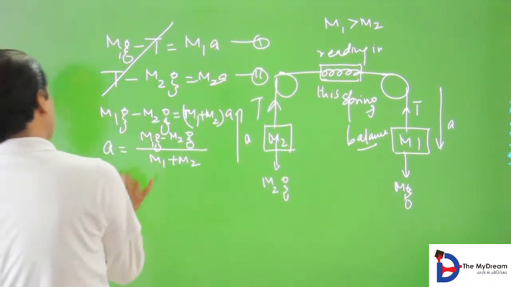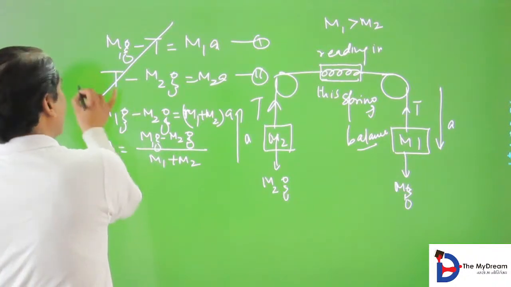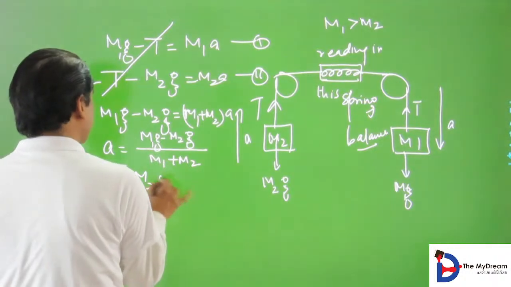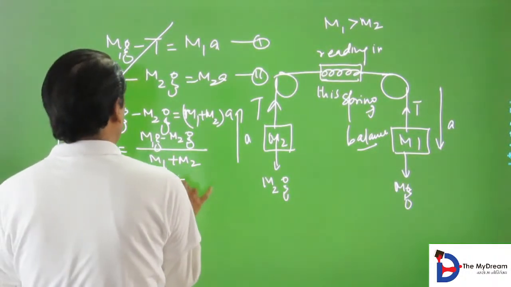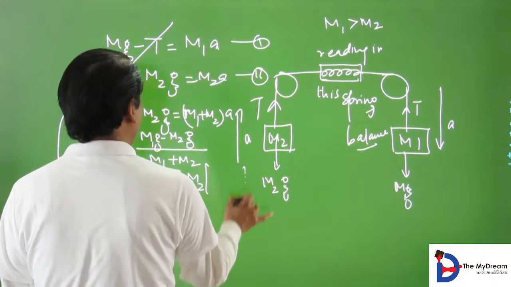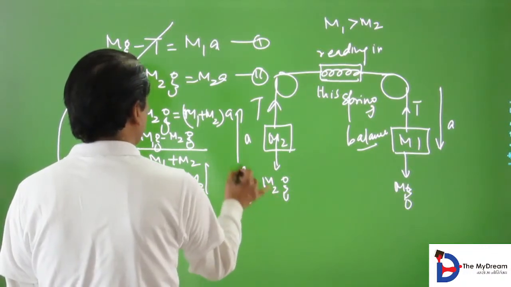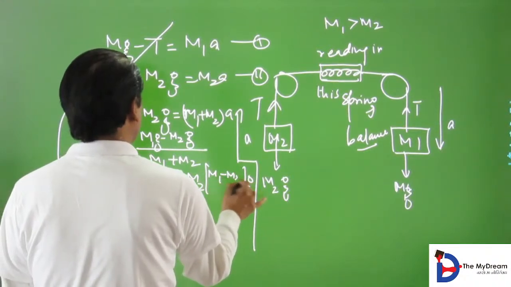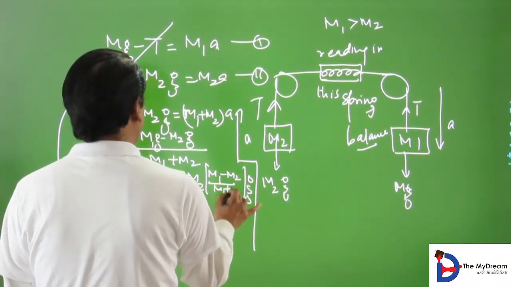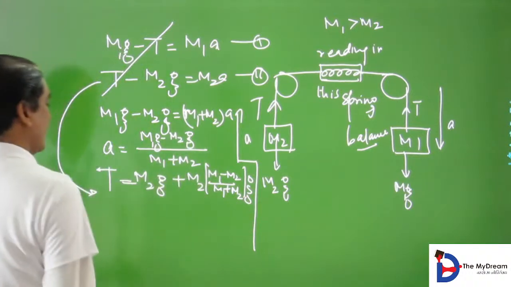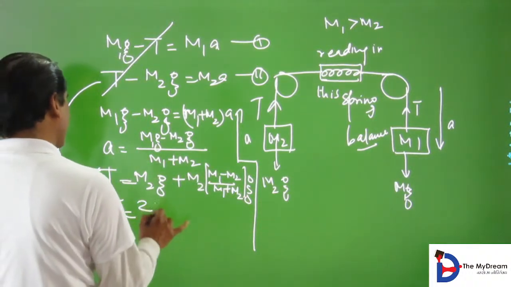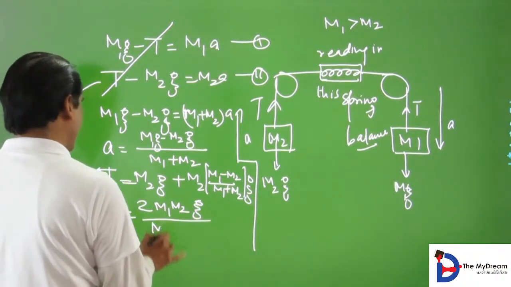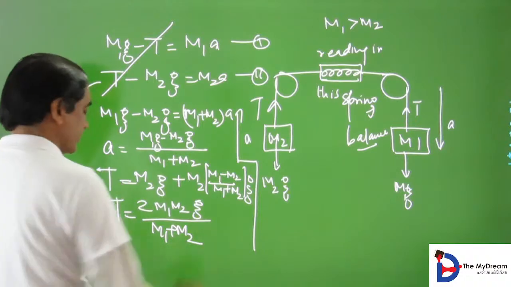So T is equal to, now put the value of a in the second equation, that is M2g plus M2a. The value of a is M1 minus M2 divided by M1 plus M2. As you solve it, you will get twice of M1 M2 divided by M1 plus M2.